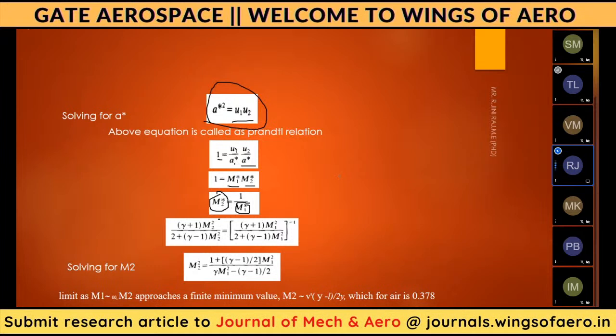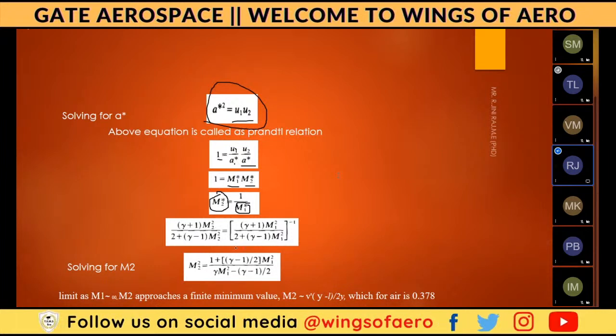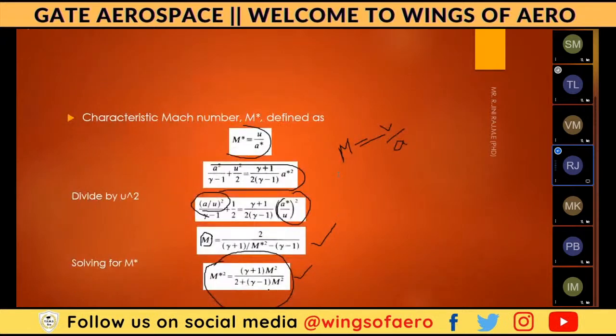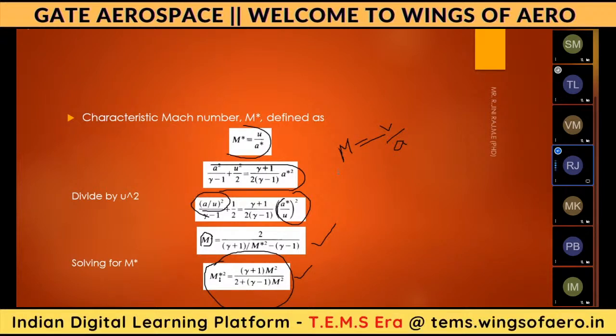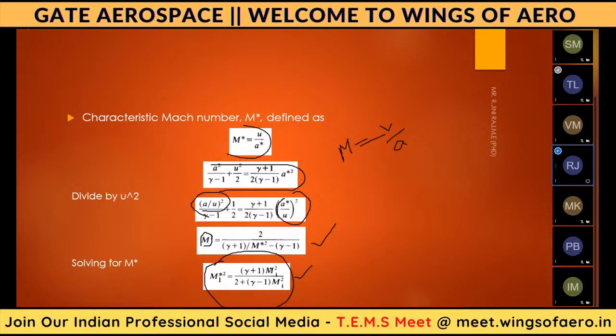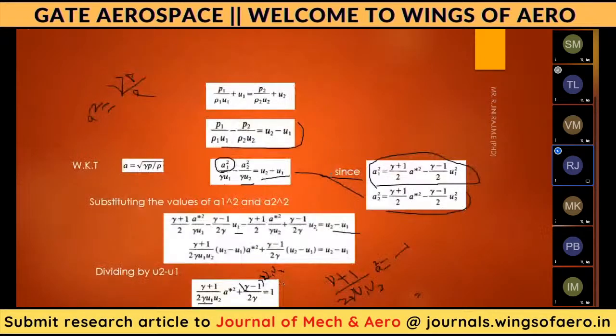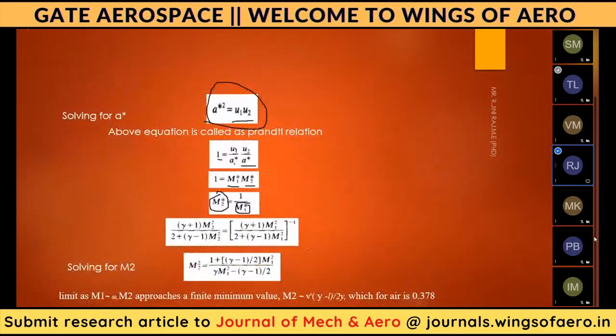See here, m star square equal to gamma plus 1 into m square divided by 2 plus gamma minus 1 into m square. So if it is m1 star, here it will become m1 square. Suppose it is m2 star, here it will come m2 square. The same manner I'm applying here.